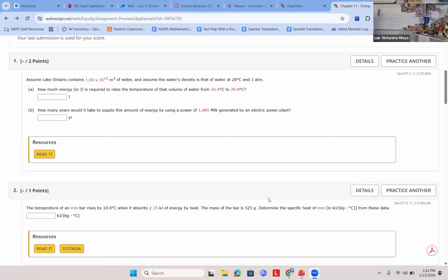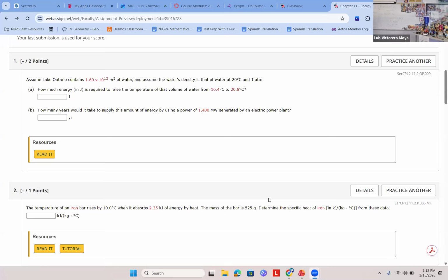This is part A. Part B, if the power is 1400 megawatts, that's 1400 times 10 to the 6 watts. That's power.